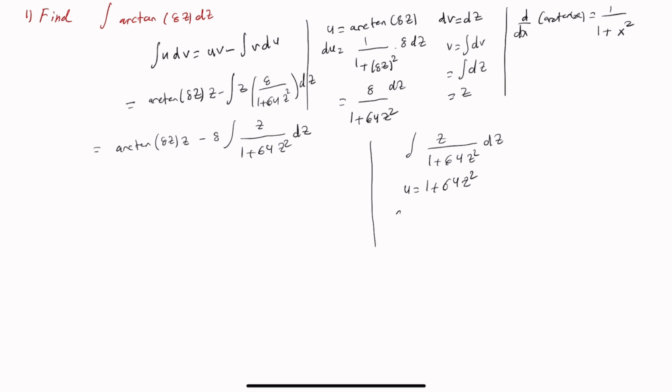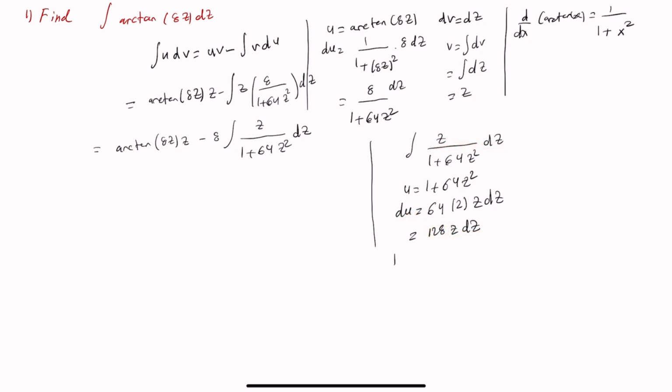So now du is going to be equal to 64 times 2 z dz, which equals 128 z dz. Now notice we only have z dz, so I'm gonna move this to the other side.